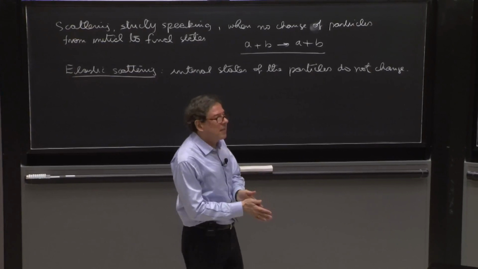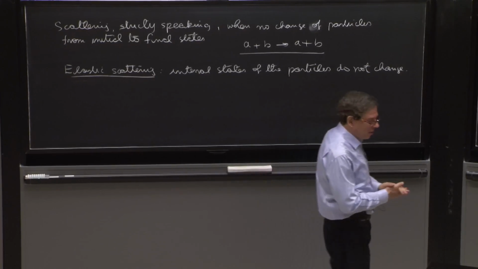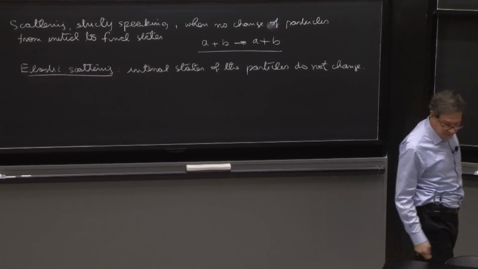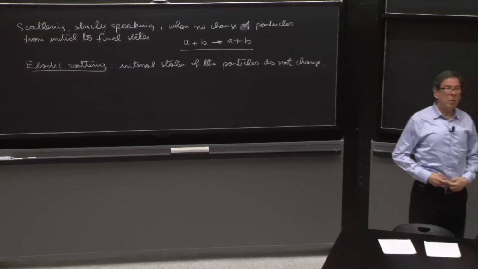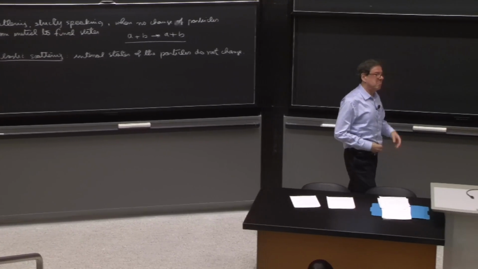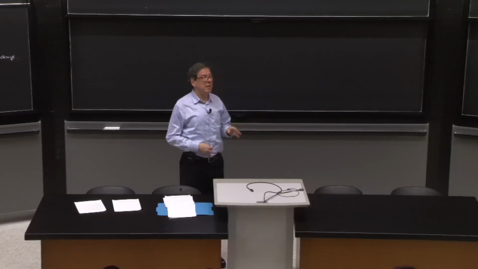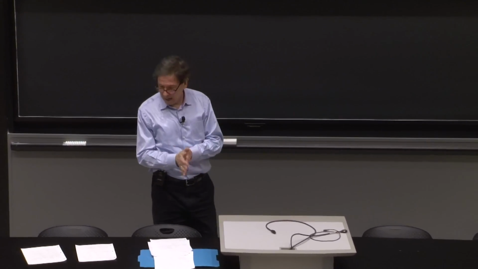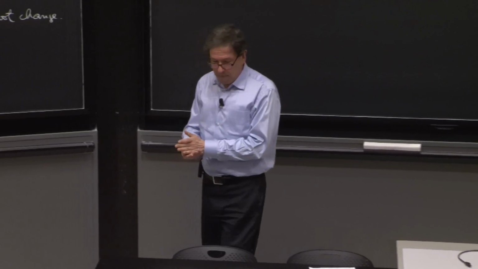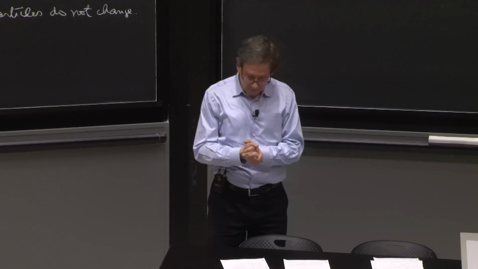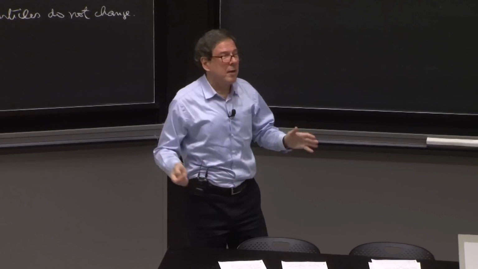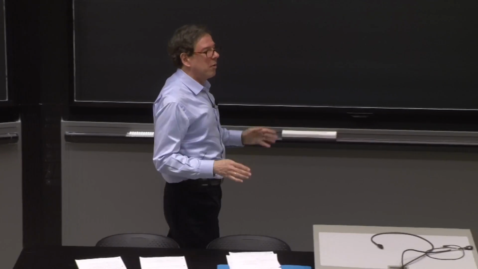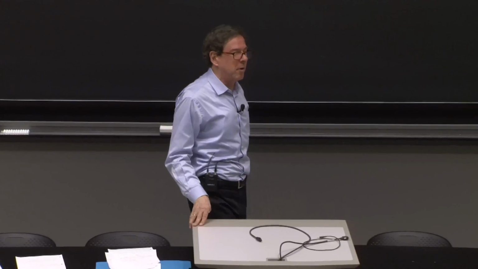So a few more things that we're going to assume as we do elastic scattering. We will work without spin. All that we will do in the next lectures, one or two more lectures on this, will be particles without spin. As we're doing in our course, we also work in the non-relativistic approximation.